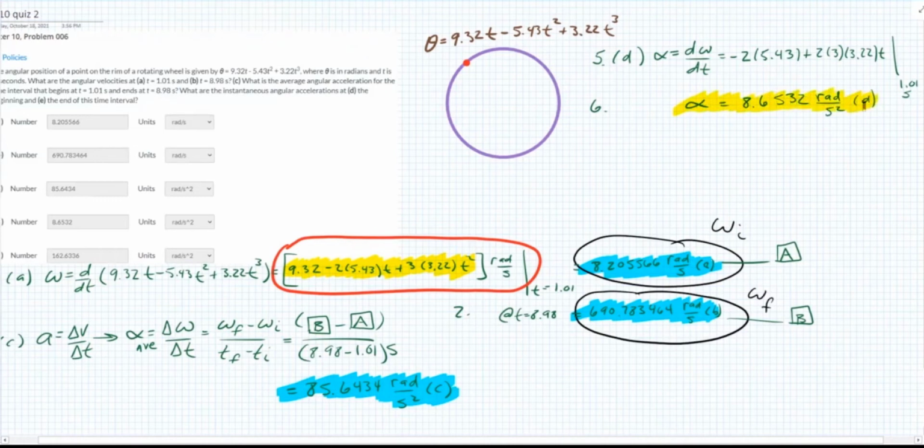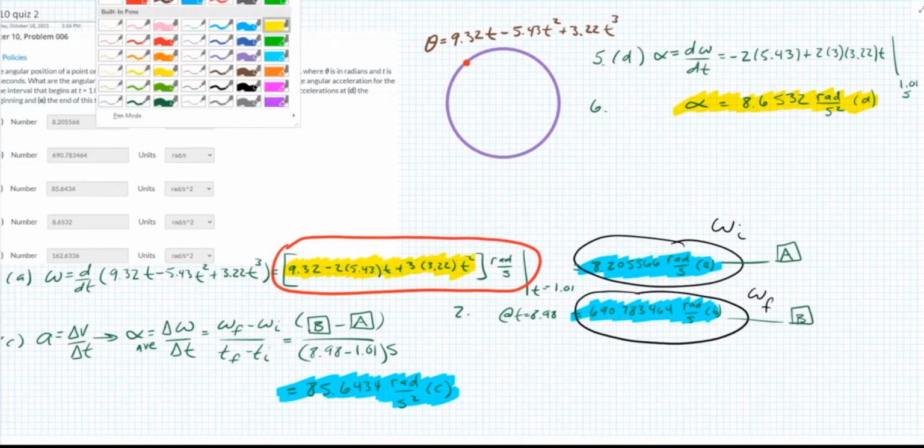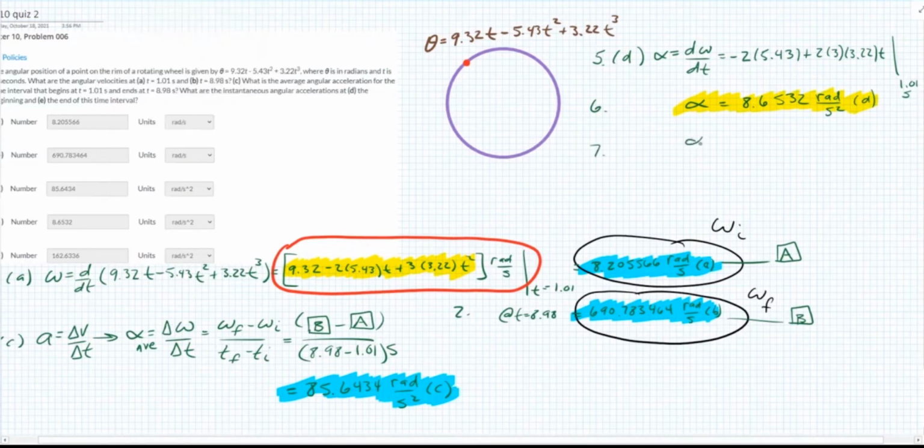Then we're going to do the same thing again, except just at the end of the interval. So the instantaneous acceleration at the end of that interval, just evaluate it at t equals the end of your interval.